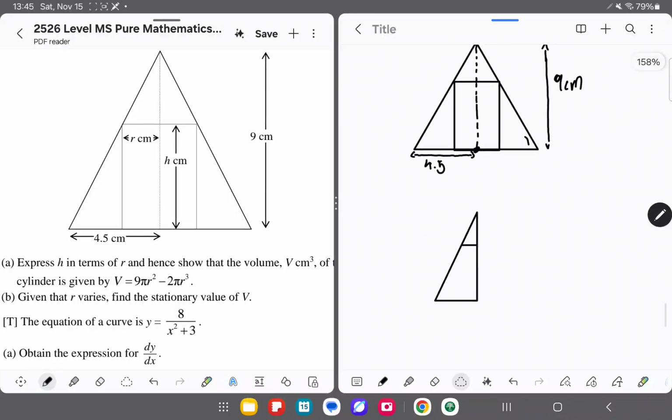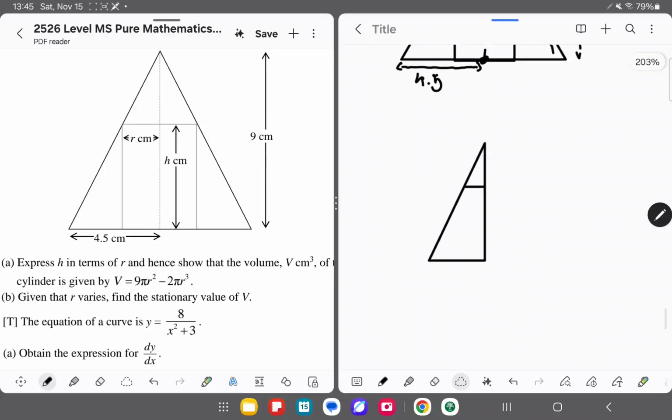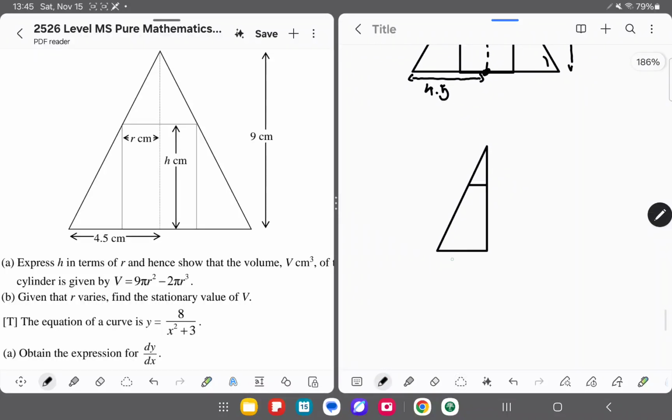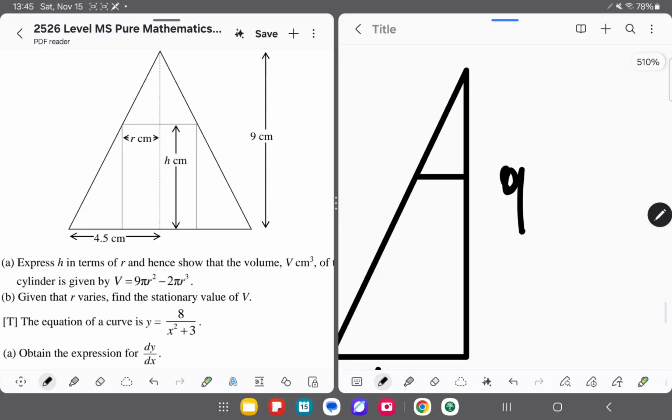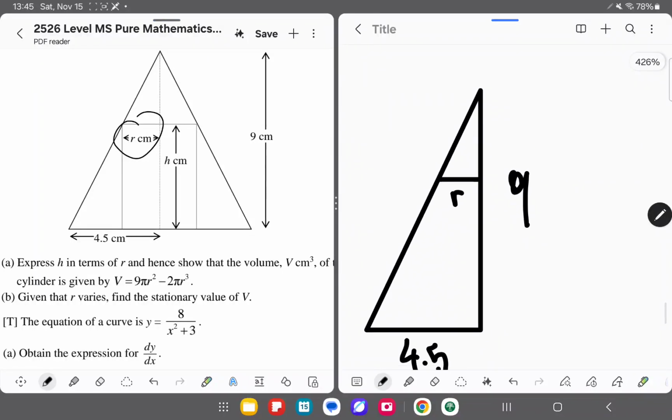And then we also have 4.5 over here, and we have 9 over here. They gave us that the distance is r, and also that the height is h, but only for the cylinder. So from here to here is just h.